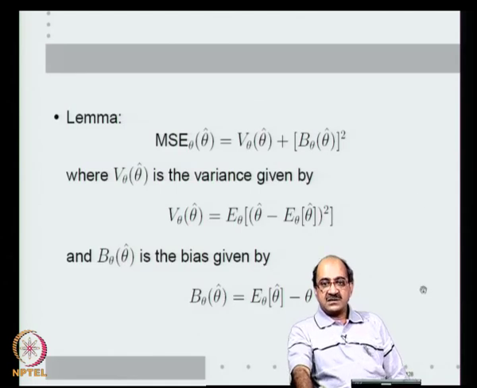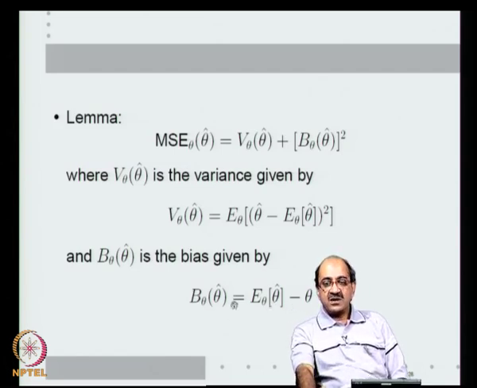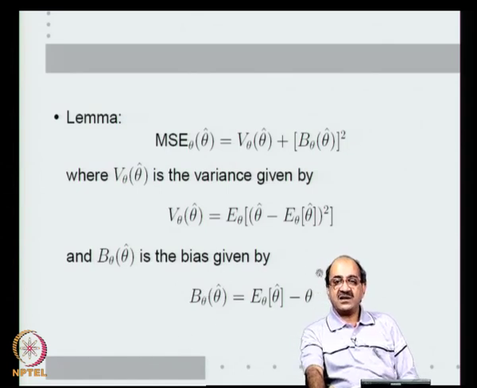The bias B of theta hat is called the bias of the estimator. Bias of the estimator is simply the expected value of theta hat minus theta, right. Earlier we defined theta hat to be unbiased if the expectation of theta hat is equal to theta. So, the difference between the expectation of theta hat and theta is called the bias of the estimator.